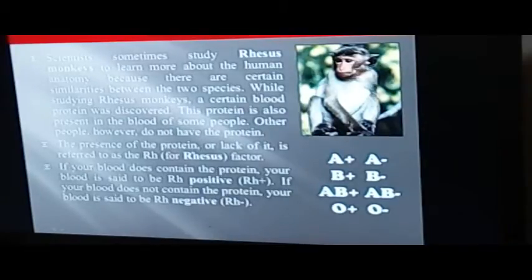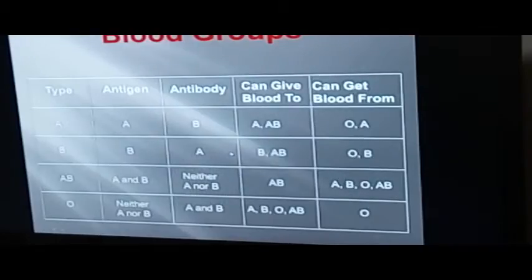If you have the protein, you are called RH positive. If you don't have the protein, you are RH negative. So this determines blood groups, and we're going to look at the positive things.